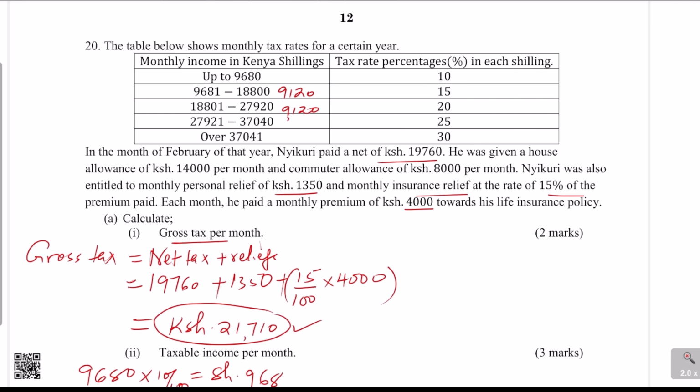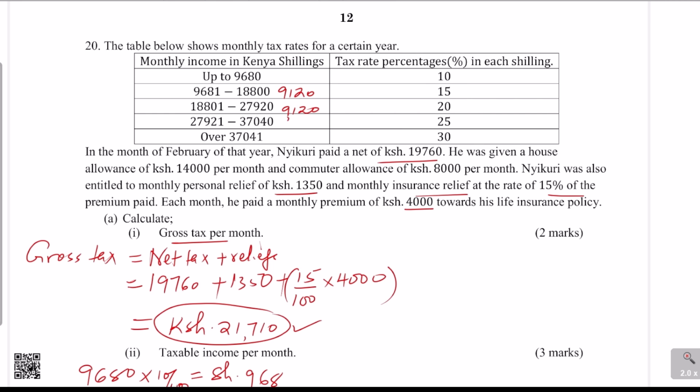This will give 9120. So they are uniform. So we go to the second band, the amount in the second band: 9120 times the rate in that band, which is 15%. That is 15 over 100, and that one will give the tax of 1368.